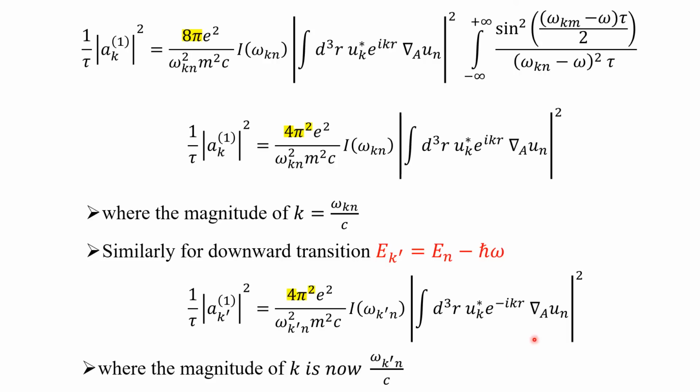So this will become 1 over tau, modulus of a k prime 1 squared is equal to this one. Exactly the same thing we will get, except this k will become k prime, where the magnitude of k prime is omega k prime n divided by c.